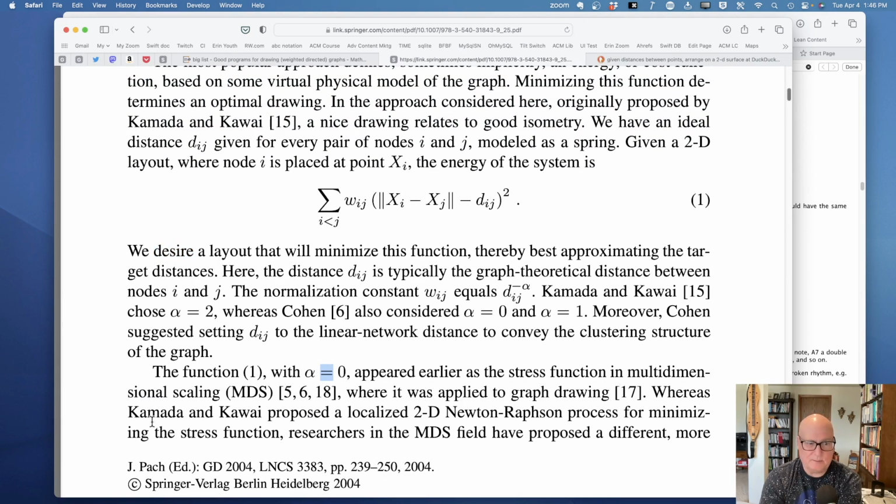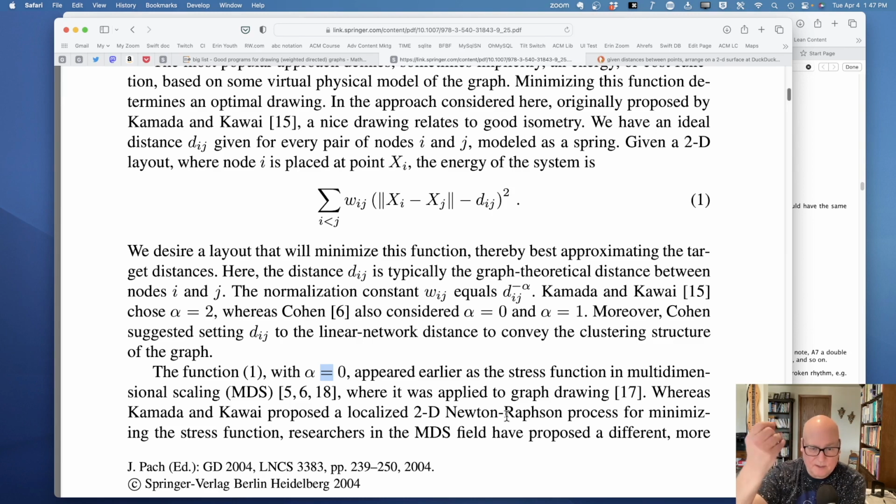Kamada and Kawai had a way of minimizing this function, and they're saying, well, in MDS we have a different way. So the function is sort of independent. Like I said, it almost reminds me of a variance or something. It's a very natural distance measure, I guess you'd say.